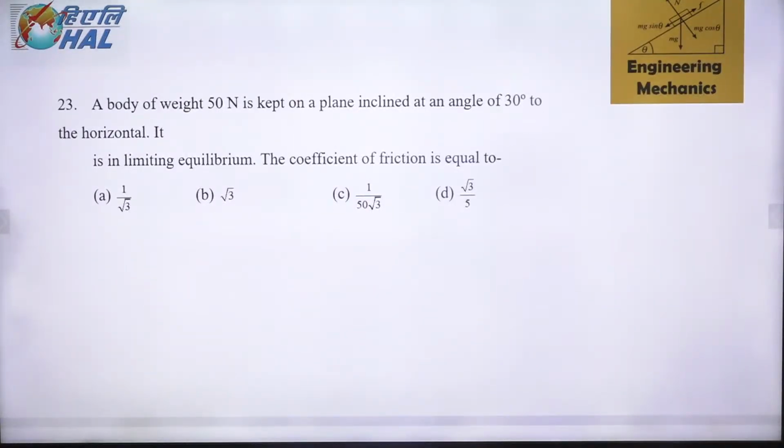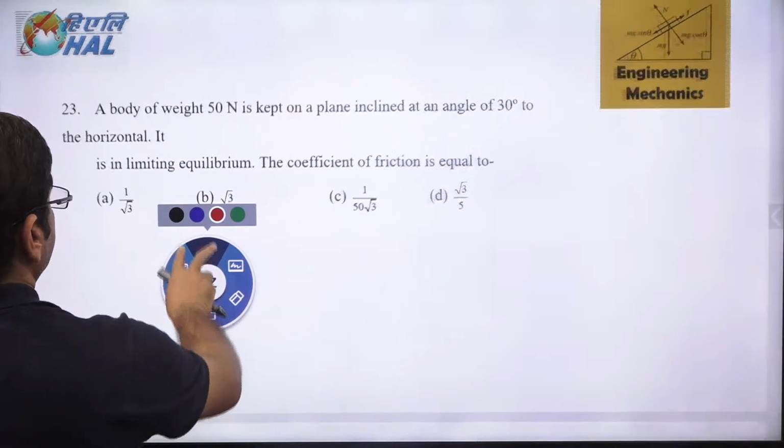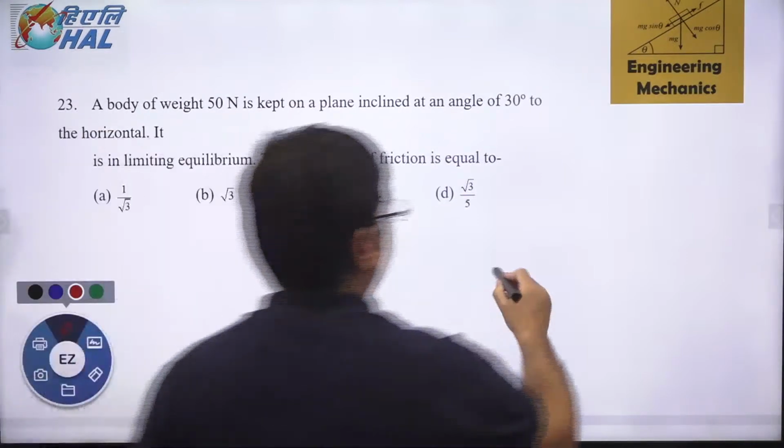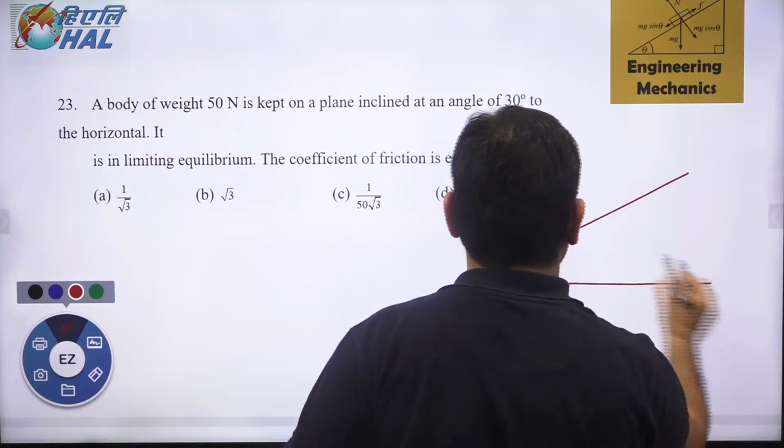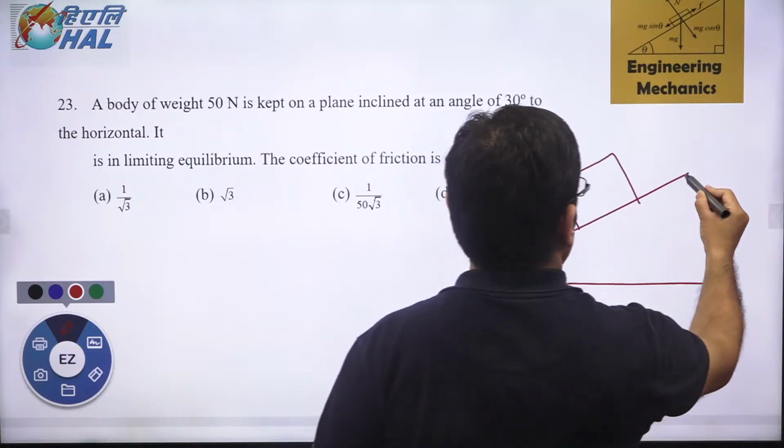A body of weight 50 Newton is kept on a plane inclined at angle 30 degree to horizontal, and it is in limiting equilibrium. Coefficient of friction will be what? So again now inclined body. This is a question of inclined body, friction acting on inclined body. So this is the diagram given to us.